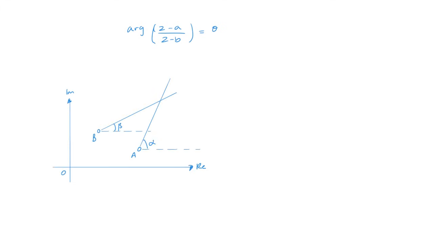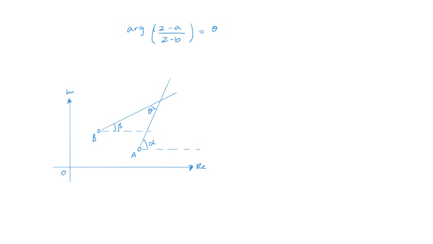and they give us that arg((z - a)/(z - b)) = theta. Now, I'm not going to go through how we get to this again. I'm just going to go through how we use it. So I've got two complex numbers with their angles, so they're half lines, alpha and beta, and then this angle here is where theta is.